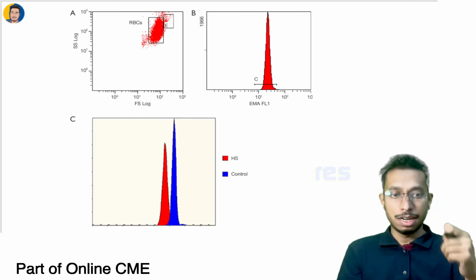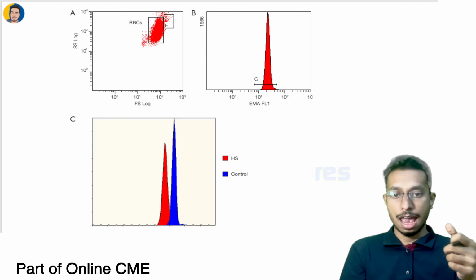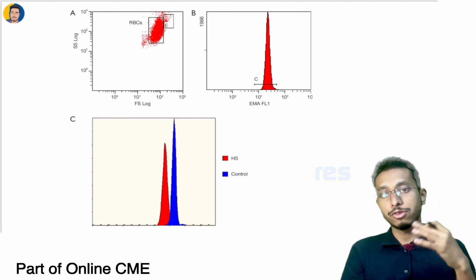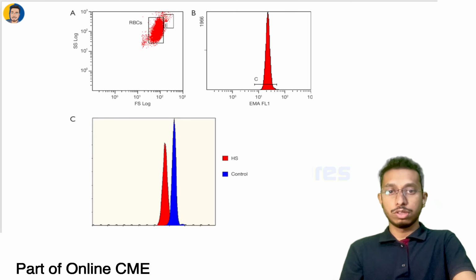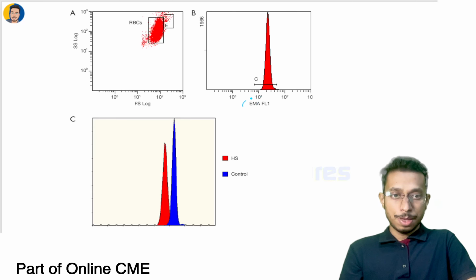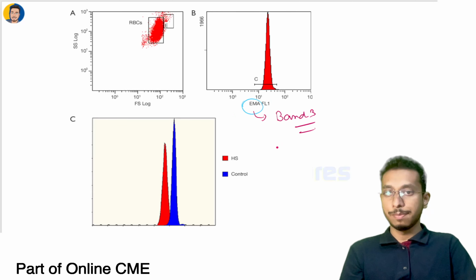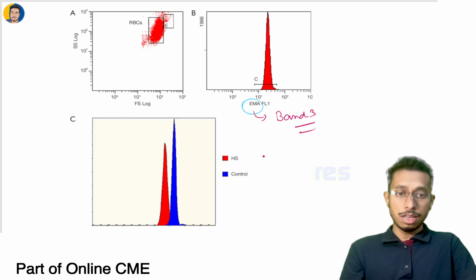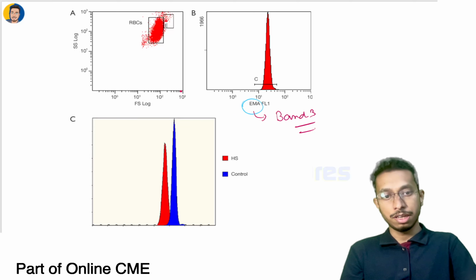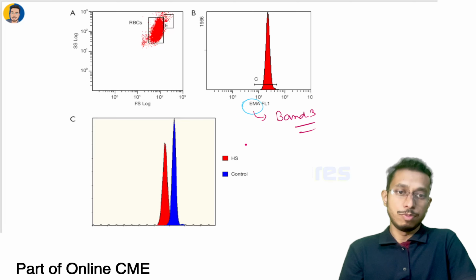A blood sample is collected with EDTA and used, and the EMA dye binds with the cell membrane protein, mainly the band 3 protein. Now if there is a deficiency of band 3, the peak of binding will obviously be low.